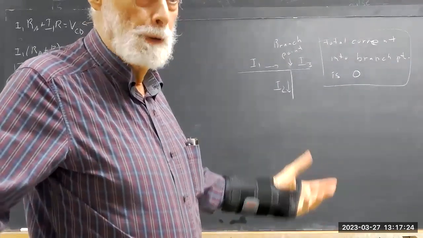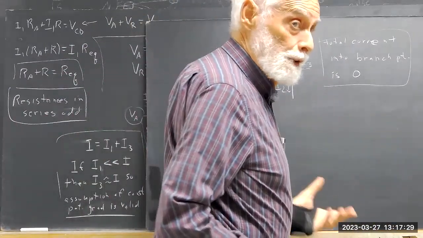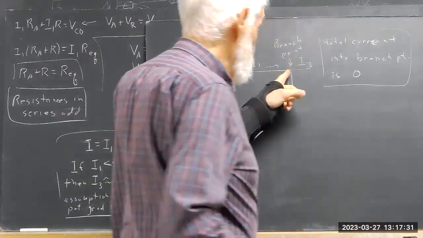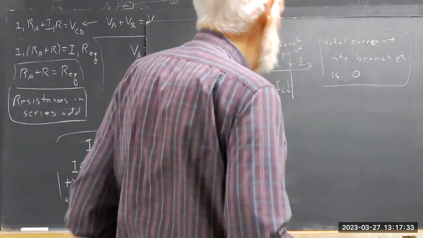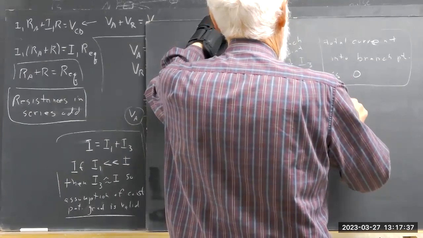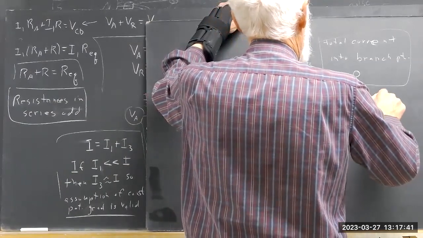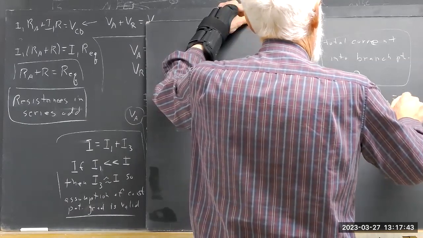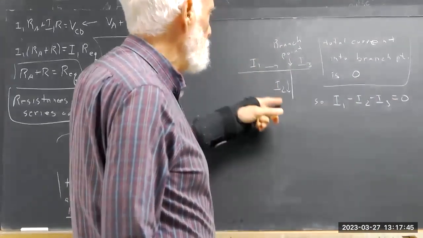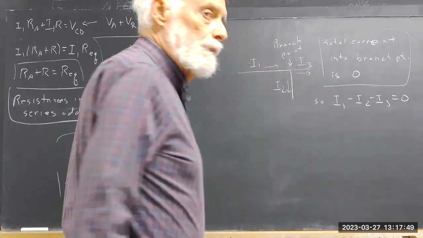Current can't accumulate at the branch point. You could accumulate charge on a capacitor, but this isn't a capacitor. In this case, I'm going to say that I1 minus I2 minus I3 is zero.